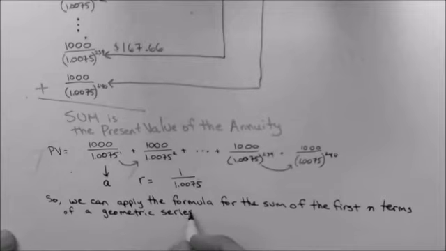And of course you have that formula memorized. It looks like this. S sub n is equal to, in the numerator, a bracket r to the power of n minus 1, close bracket, over r minus 1.